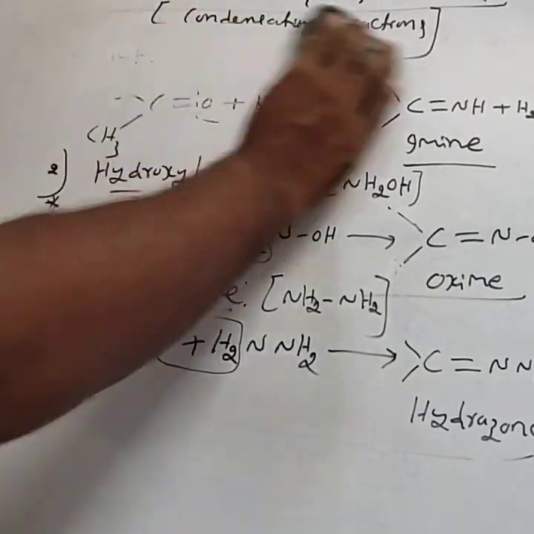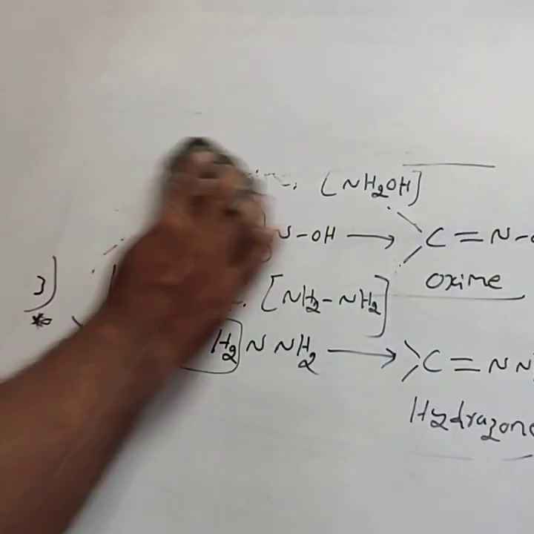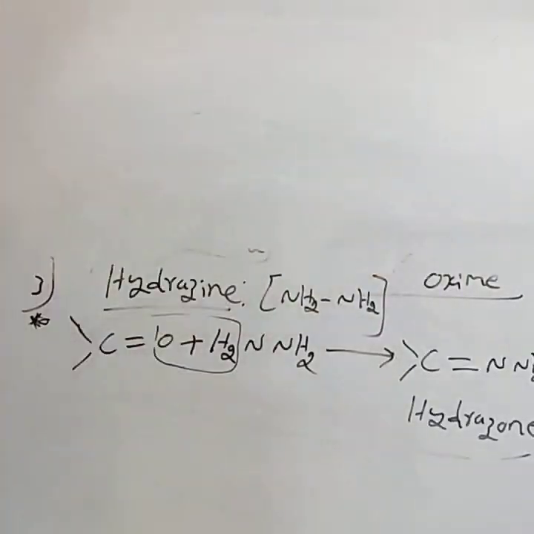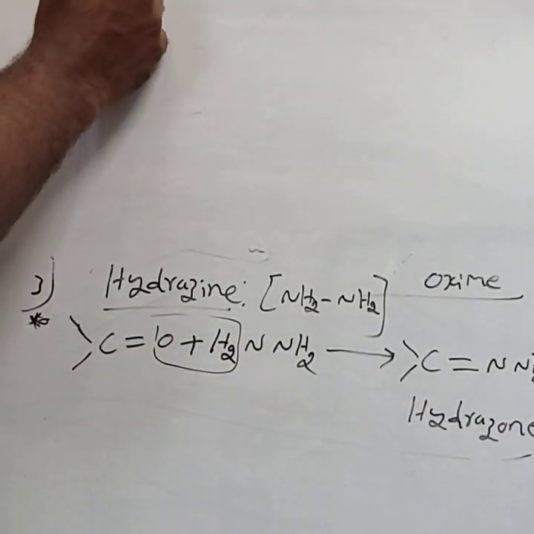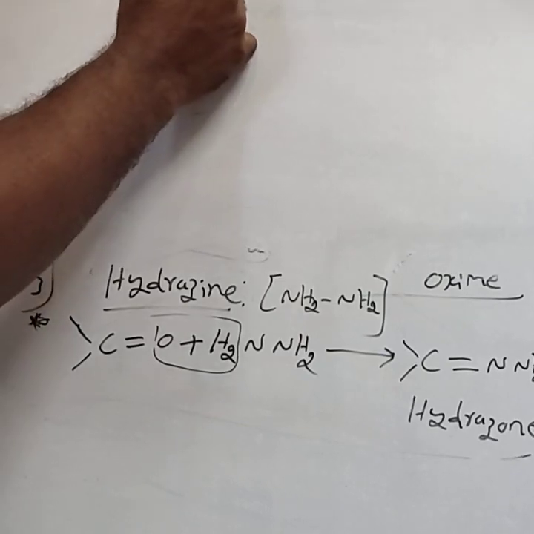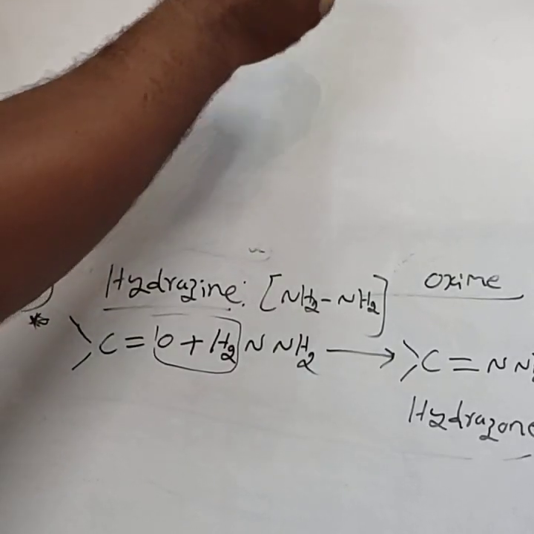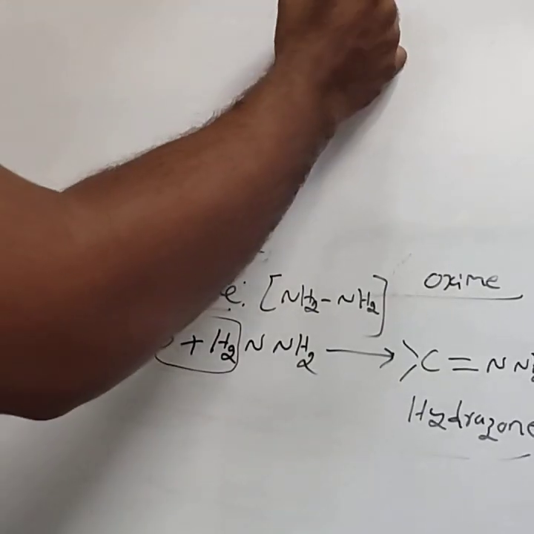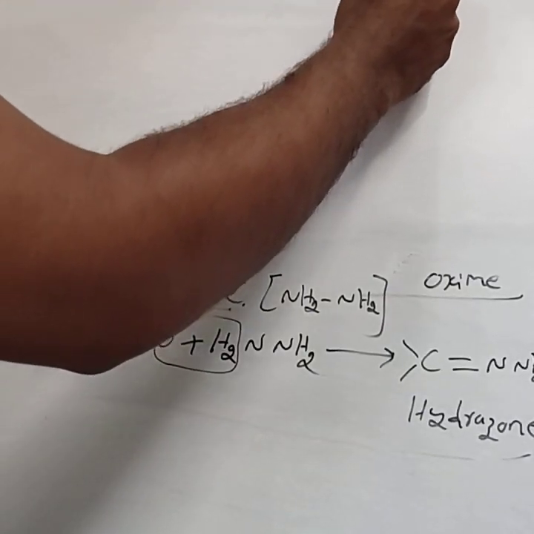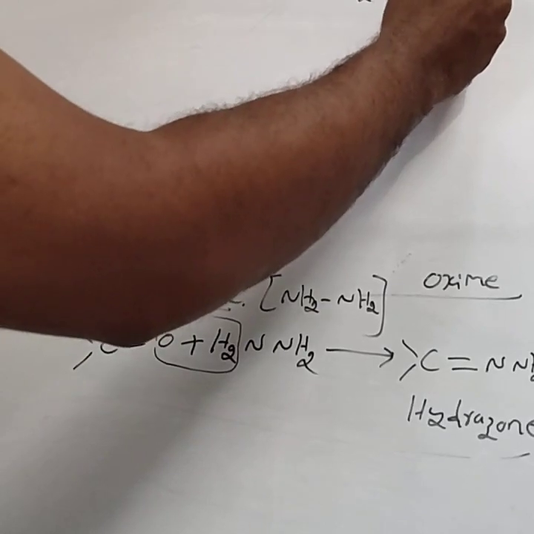Then similarly, phenylhydrazine. The phenylhydrazine formula is NH2NH C6H5.